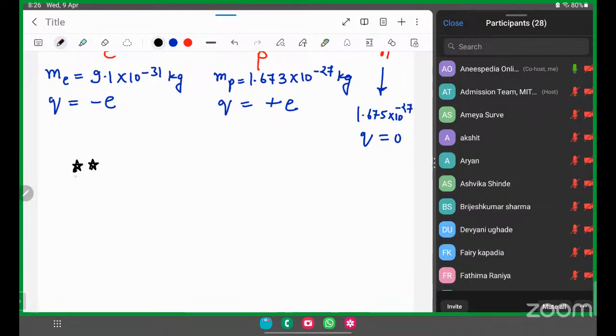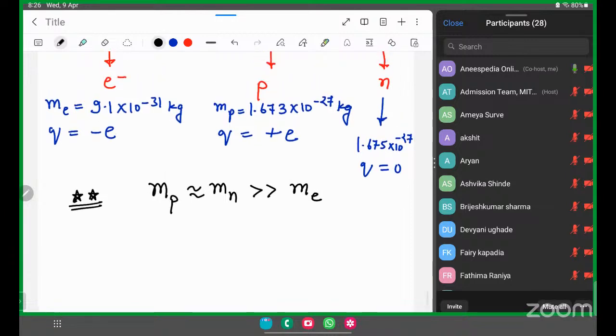From this information, you can conclude that the mass of proton is approximately the same as the mass of neutron, and it is way bigger than the mass of electron. If you compare the mass of electron and proton, you will notice that the mass of proton is approximately 1,000 times greater than the mass of electron, which means protons and neutrons are far heavier than electrons.